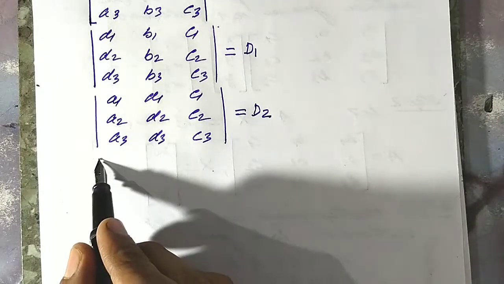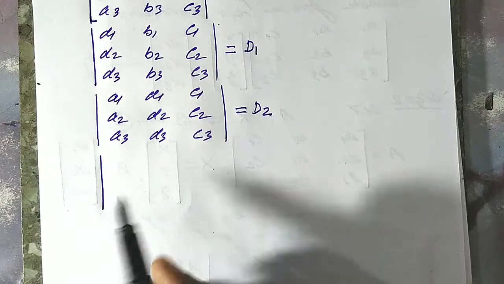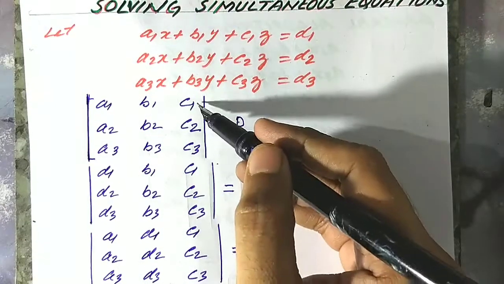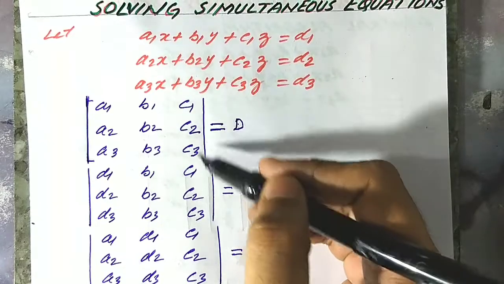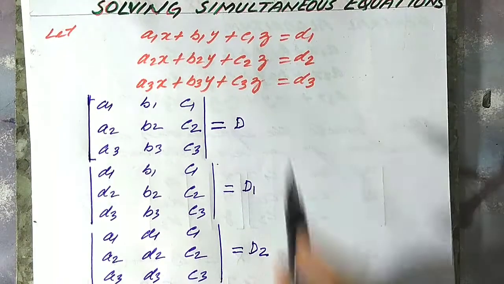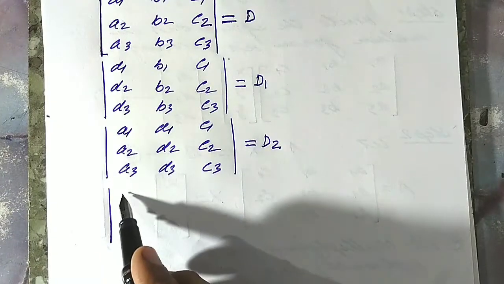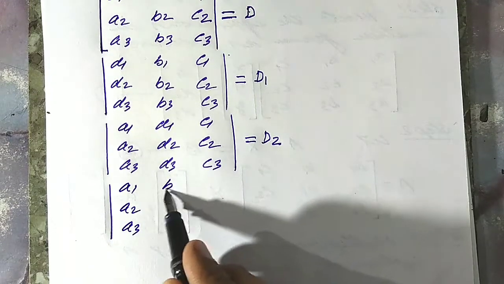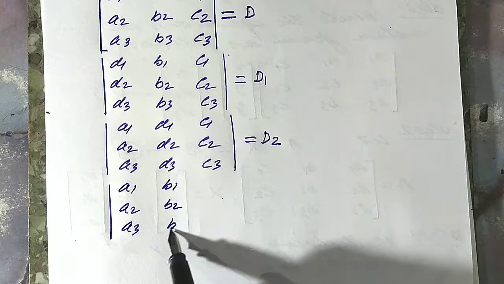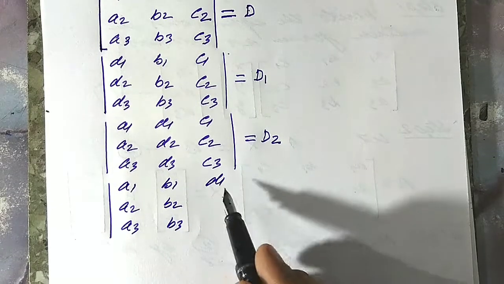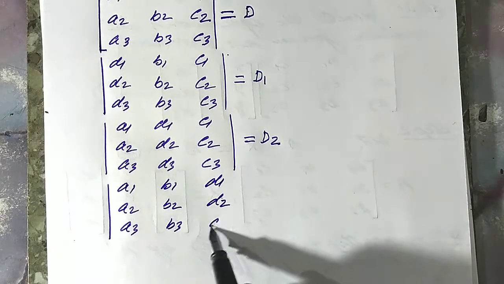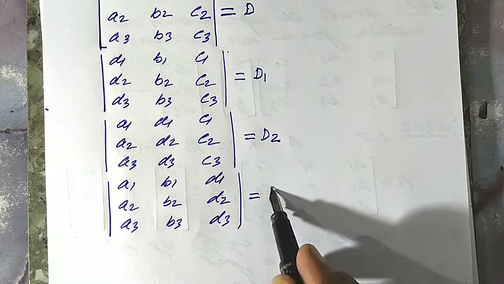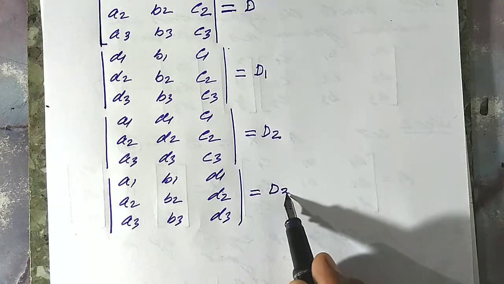Again, this time we have to replace the third column of the first determinant by these constant terms. So we have a1, a2, a3, b1, b2, b3, d1, d2, d3, and this determinant is denoted by capital D3.